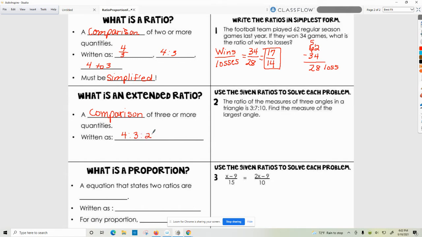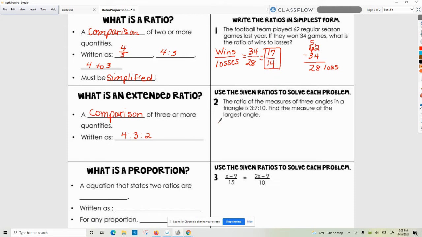So I will try to make a ratio and a comparison of 3 or more quantities, whereas a ratio is just 2 or more. So when I look at this, the ratio of the measures of 3 angles in a triangle is 3:7:10. Find the measure of the largest angle.